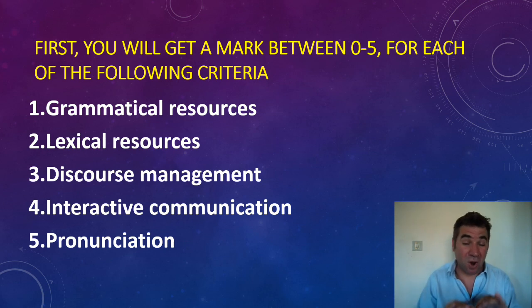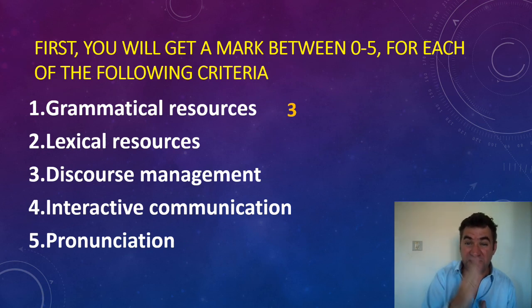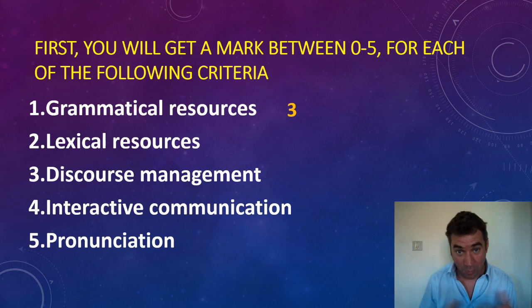The examiners are marking you completely individually, and they'll be looking, as I said, at these 5 areas. Every one of these you will get a mark between 0 and 5. 0, of course, is bad. You don't want 0. 5, oh yeah, that's what we're aiming for.